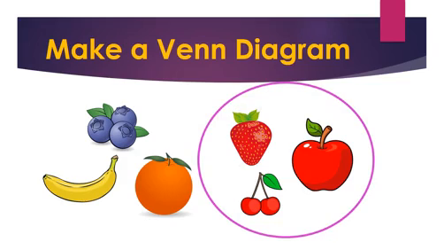What is their color? They are color red. So in my Venn diagram, I put a line or a circle around the cherries, strawberry, and apples because these fruits are color red. While on the other hand, the blueberries, the banana, and the orange are fruits that are not color red. Okay?